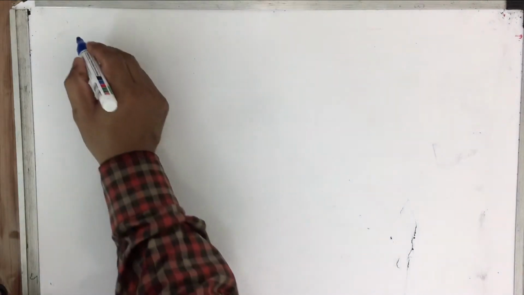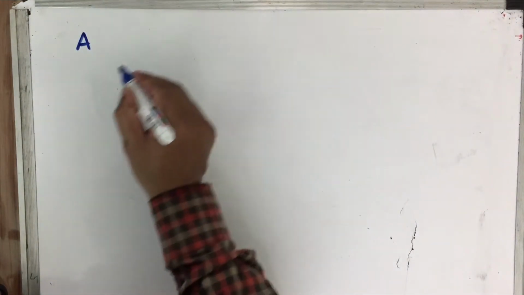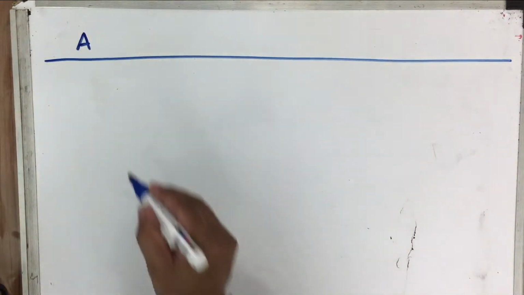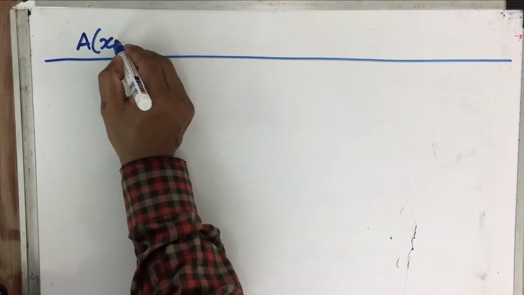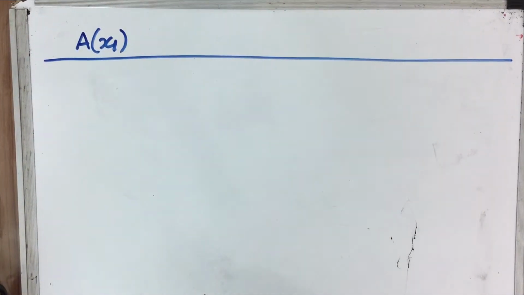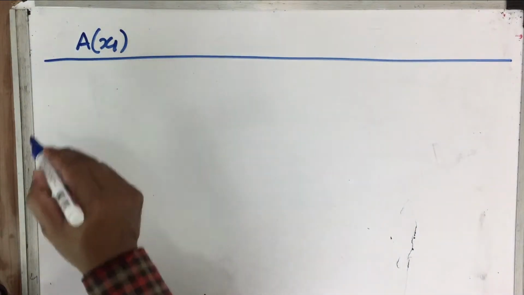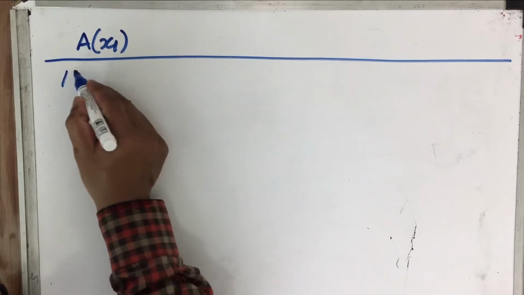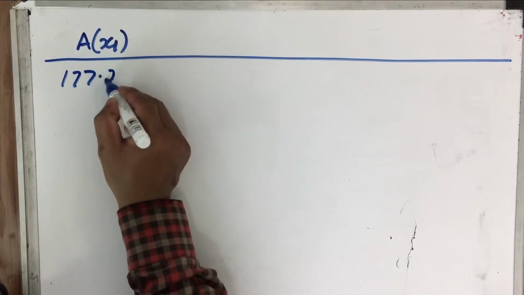Let us assume that there are two villages. There is village A, and let's make columns. Village A is denoted as x1. Let us assume the rain in this village is measured in millimeters or centimeters, 177.29.